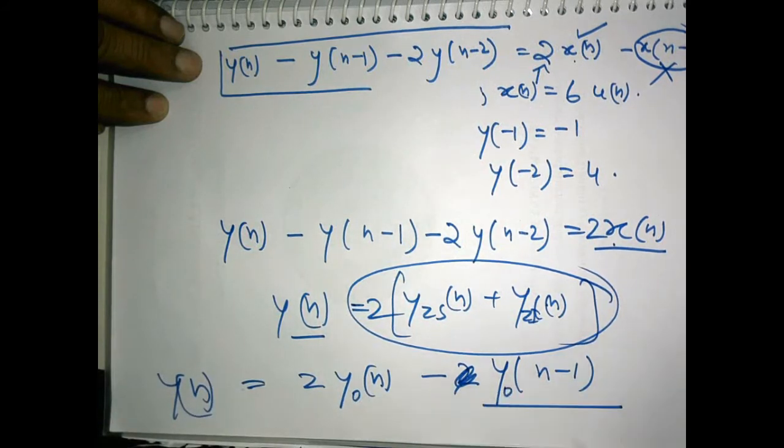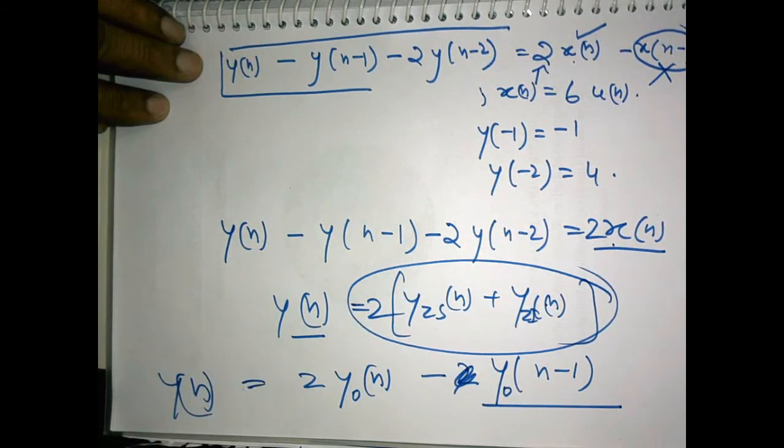We call this y_o(n), just to make the difference. This is by applying the law of linearity and superposition and time invariance.